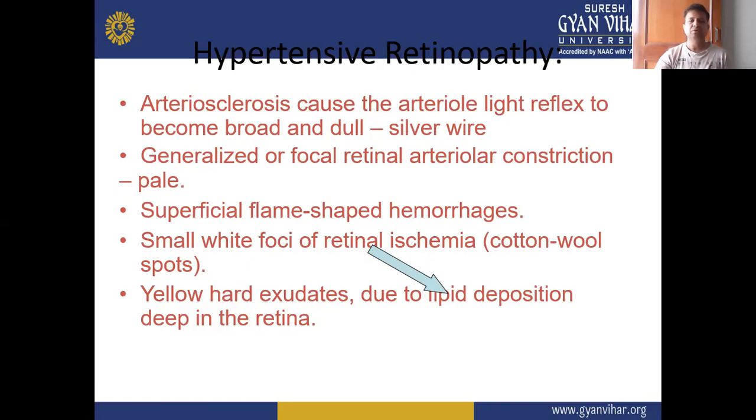A generalized or focal retinal arterial constriction, which is pale in color, superficial flame-shaped hemorrhages, small white foci of retinal ischemia, and yellow hard exudates due to lipid depositions deep in the retina.